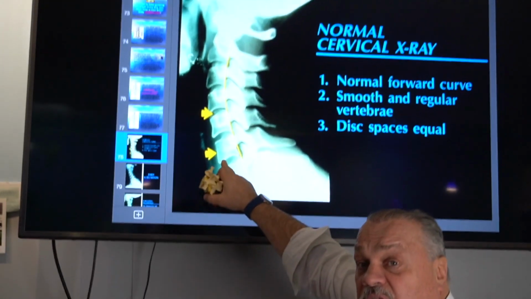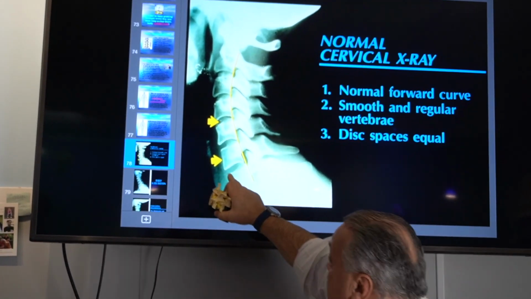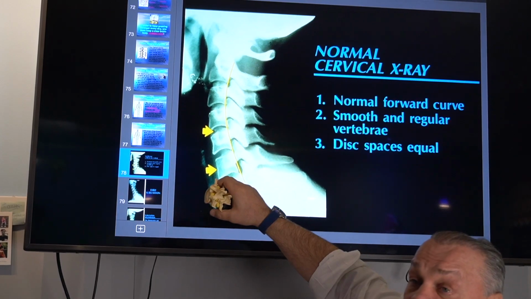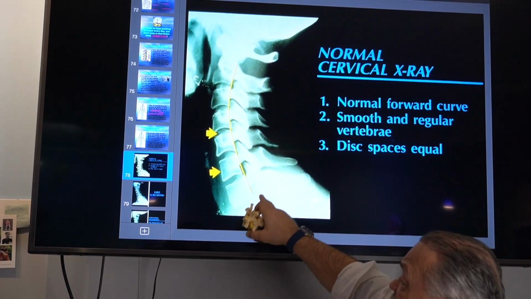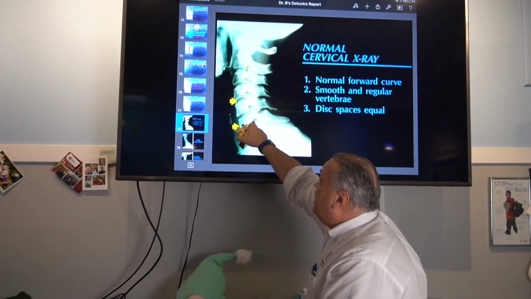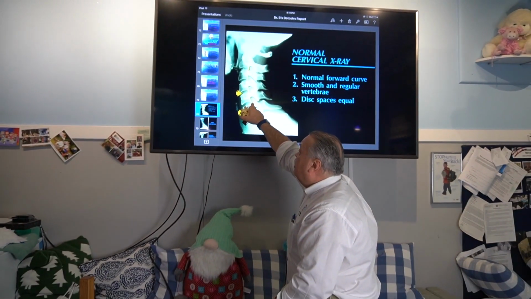The disc acts as a friction pad or a shock absorber. The vertebral body acts as housing, or guards or protects that spinal cord or power cord. And then see this opening here? That's where that nerve root is coming out.